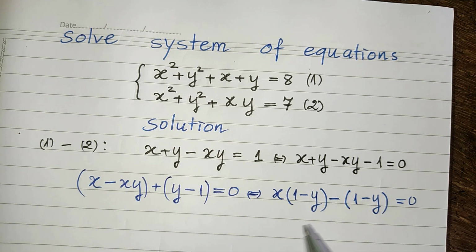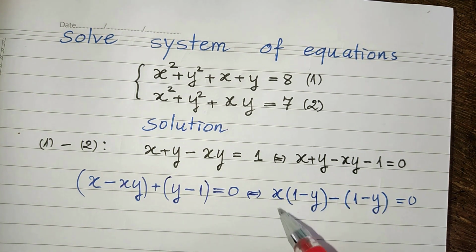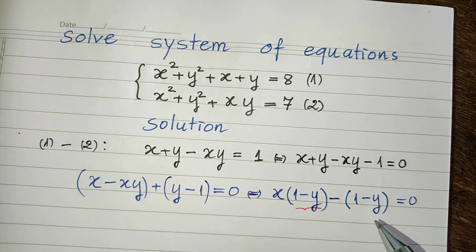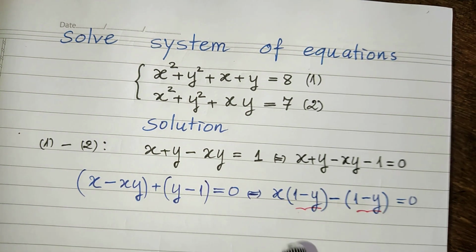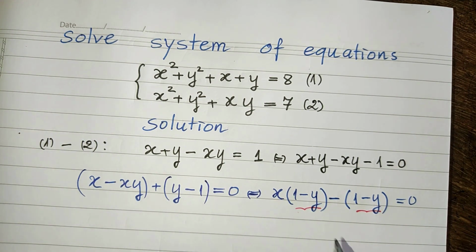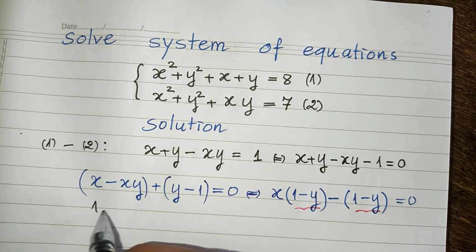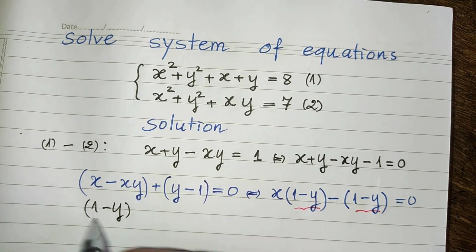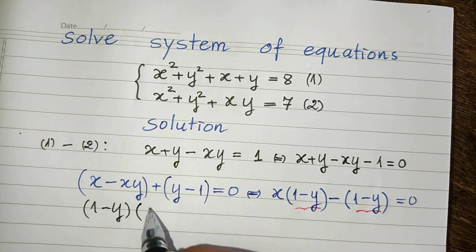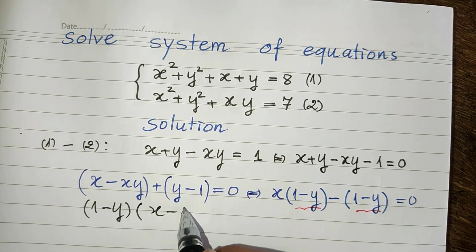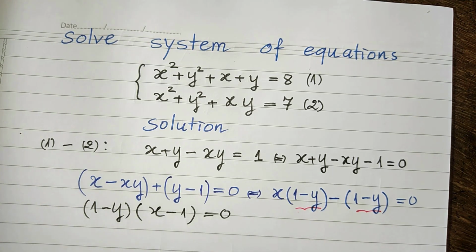Now we see this 1 minus y and this 1 minus y are the same. So I take 1 minus y out as a factor, and we get 1 minus y multiplied by x minus 1 equals 0.